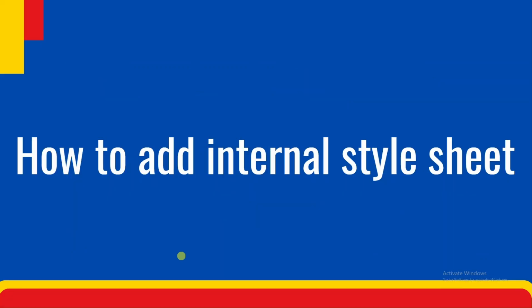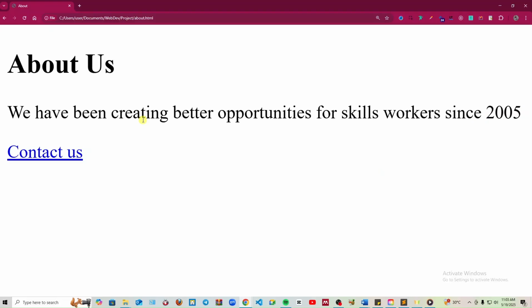Next, let's look at how to add an internal style sheet to our HTML document. We'll go to our code editor and then apply an internal style to an element on our HTML document. So this is our web page, our about page, and then we have this paragraph being displayed.